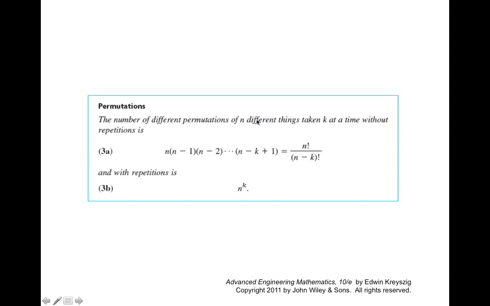So the number of different permutations of n different things taken k at a time without repetitions is given by this general formula, n factorial over n minus k factorial. With repetitions, it's given as n to the k. So here's an example. If we have an encrypted message and the letters are arranged in groups of 5, and those are called words, from this theorem we can see that we have 26 letters of the alphabet.